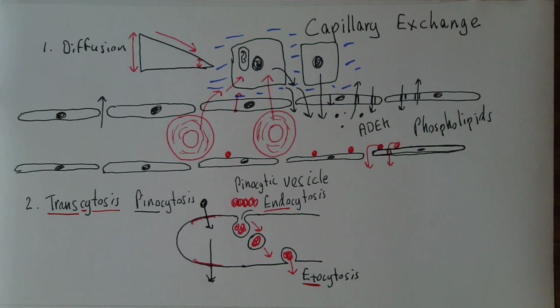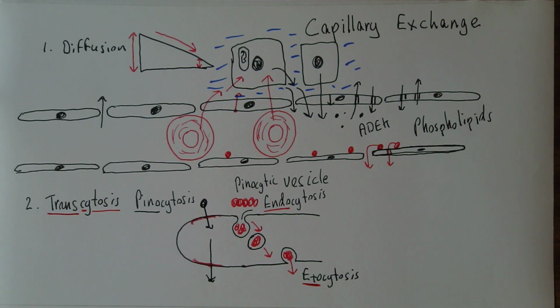So I think it's fair to say without this process, taking antibodies from the maternal to the fetal circulation, none of us would be here. So large lipid insoluble molecules and antibodies in some proteins.